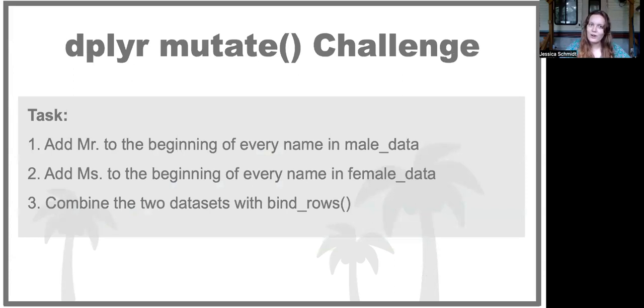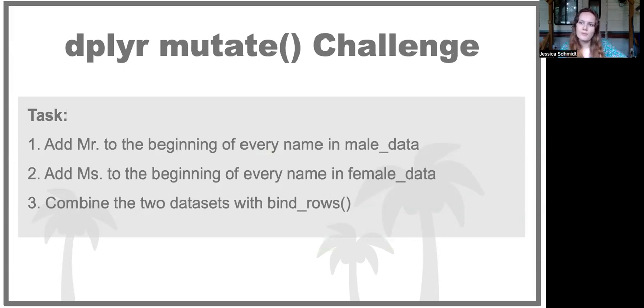And now we have our dplyr mutate challenge. Excellent. What I would like you to do is add Mr. to the beginning of every name in male_data, add Miss to the beginning of every name in female_data, and then combine the two data sets with bind_rows.